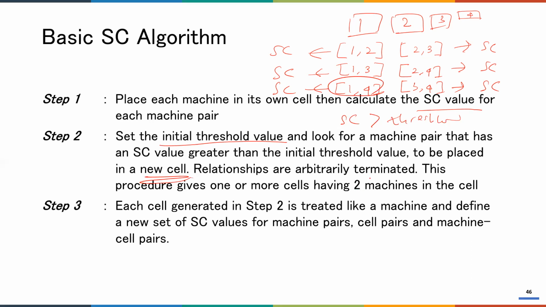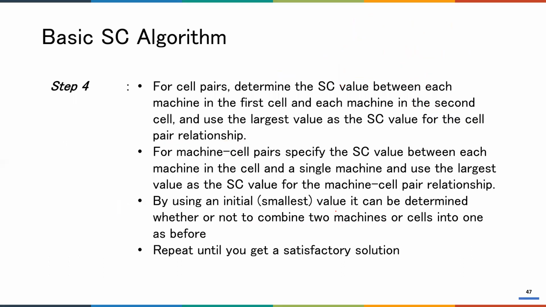Then each cell generated in step 2 is treated like a machine, kind of like one entity, and we need to recalculate the new set of SC values for machine pairs, cell pairs, and machine-cell pairs.